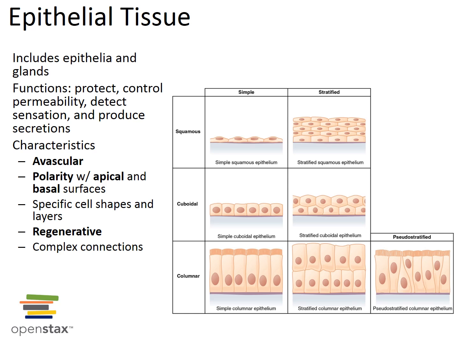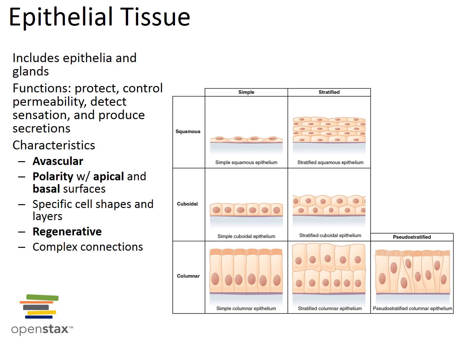It is innervated. It's full of nerves. It has a variety of cell-to-cell connections, and it also has polarity, meaning it has an apical and a basal surface.